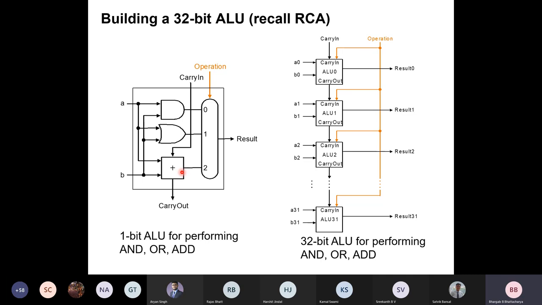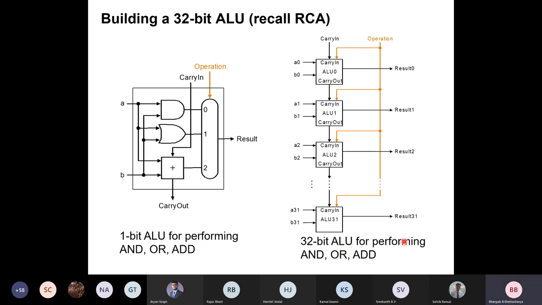I use a multiplexer here, controlled by the operation control line. If you want an AND operation, I let this input pass. If I want OR, I let this signal pass. If I want addition, I let this output pass. So this is a 1-bit ALU for performing AND, OR or addition.